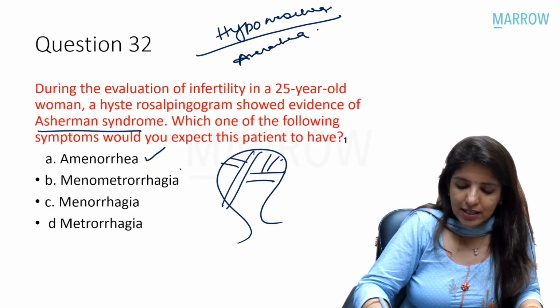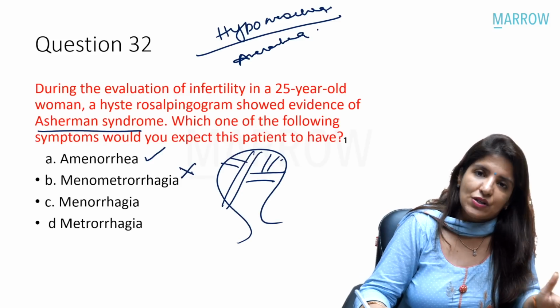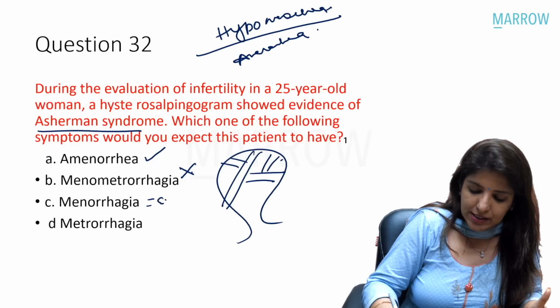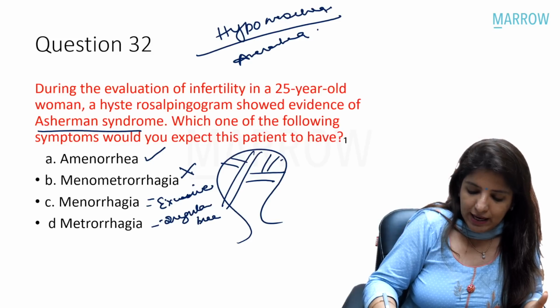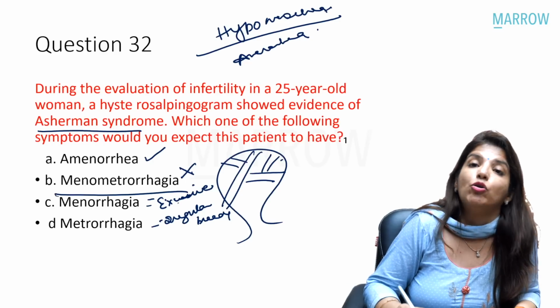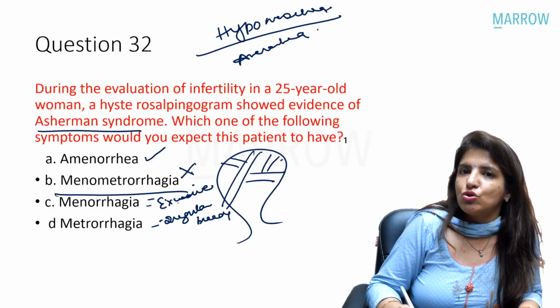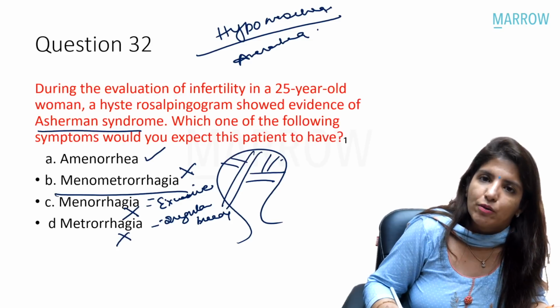So amenorrhea, yes. Menometrorrhagia. What do you mean by menometrorrhagia? Menorrhagia means excessive bleeding. Metrorrhagia means irregular bleeding. So whenever a female has excessive bleeding at irregular intervals, that is menometrorrhagia. In Asherman syndrome, you will not get menometrorrhagia, you will not get menorrhagia, you will not get metrorrhagia.